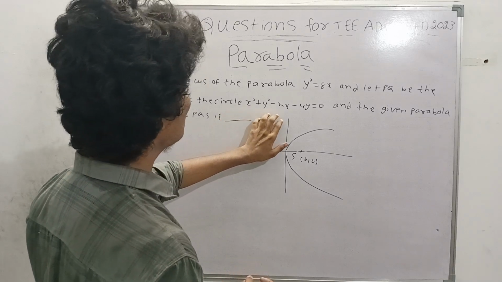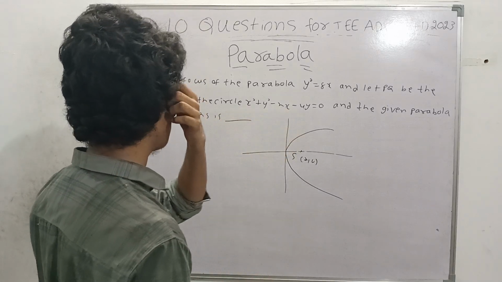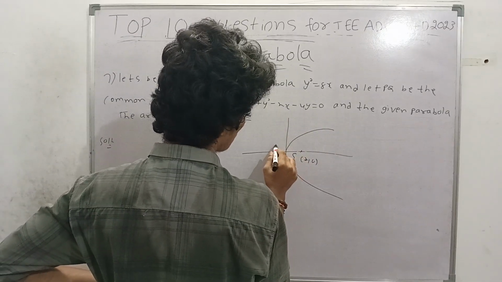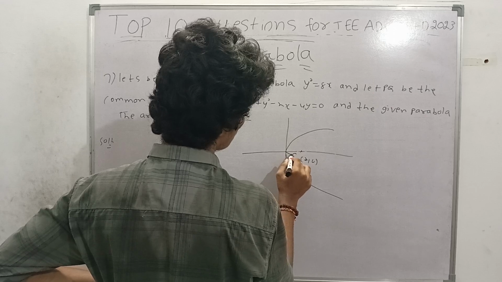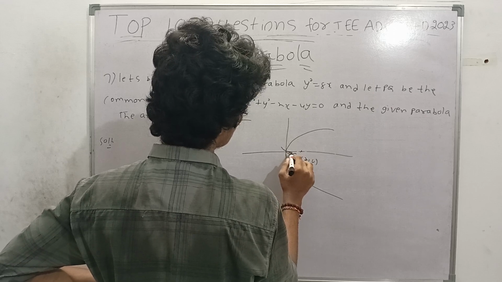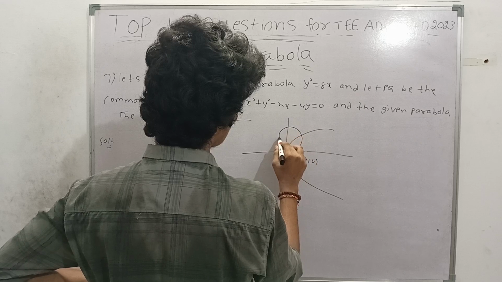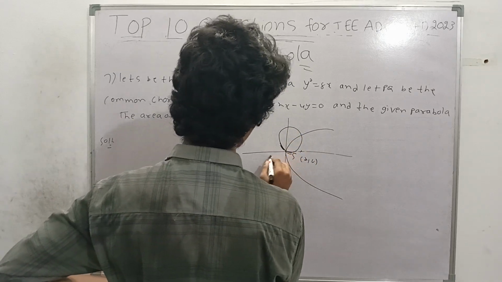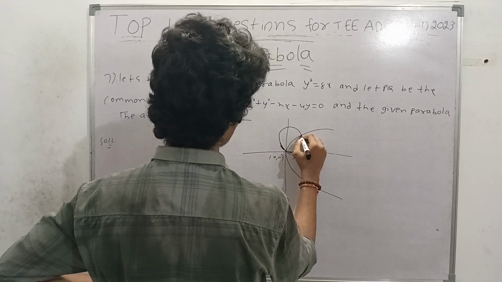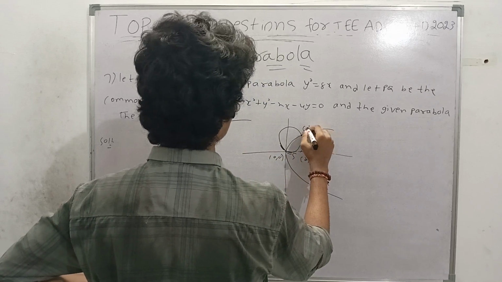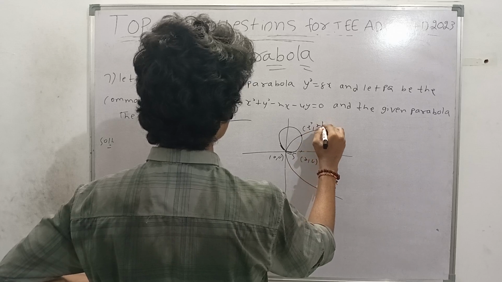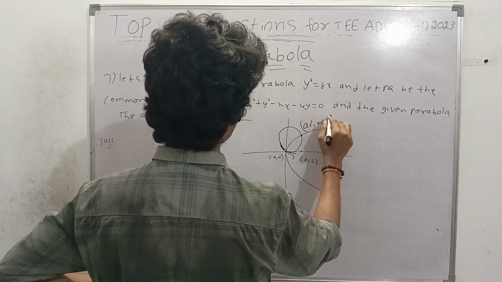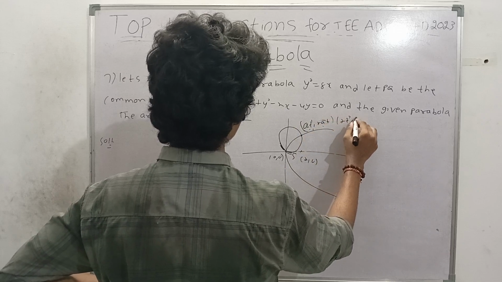You can definitely see this is a circle which is passing through the parabola, and it is also passing through the center. So definitely 0, 0 is one point, and another point you can take as the parametric point. It will be t square, 2t. Here a is 2, so it will be 2t square comma 4t.